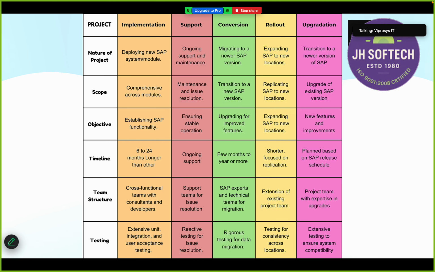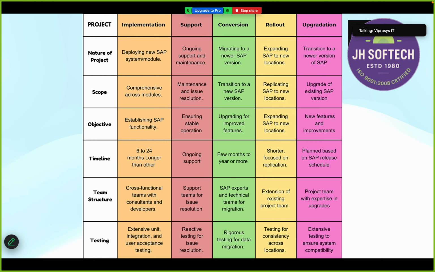It will always keep going. And conversion, the scope of the project is migrating to a newer SAP version. Rollout is expanding SAP to a new location, and upgradation is a transition to a newer version of SAP. That's what I was talking about.